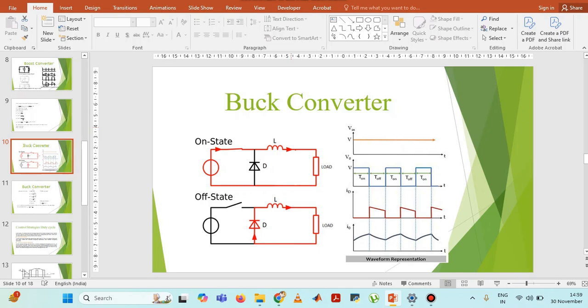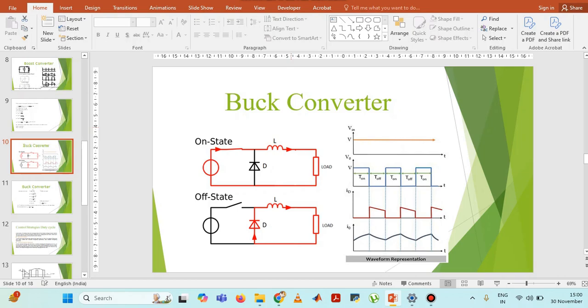So the inductor's magnetic field now collapses because it didn't get enough current to strengthen the magnetic field. That is why it collapses, and at that moment, the inductor is ready to release its energy, and the voltage across the inductor reverses, forward biasing the diode and allowing current to continue flowing through the load.